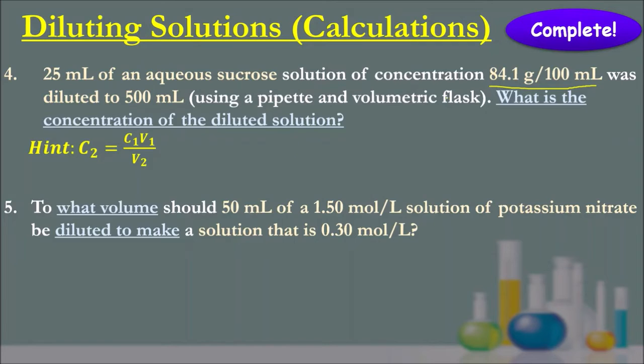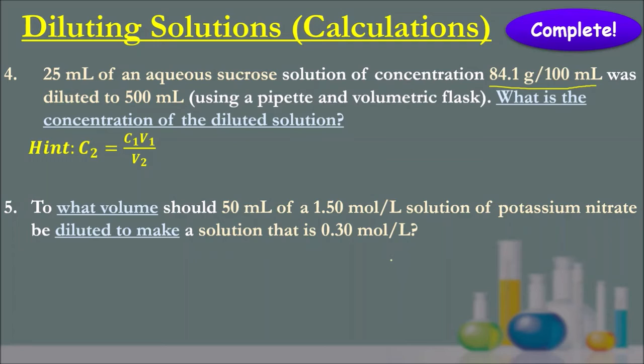So what you'll need to do is you can either work this out in terms of milliliters, or you can convert all these values into liters. And in question 5, it says, to what volume should 50 milliliters of this solution of potassium nitrate be diluted to make 0.3 moles of that?